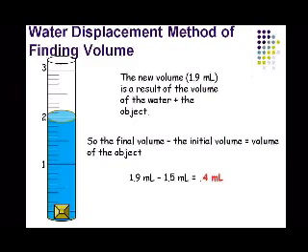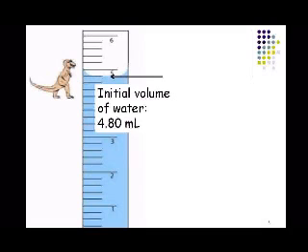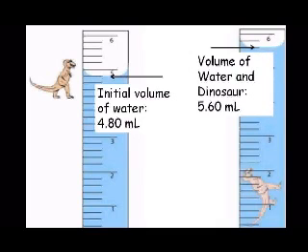Let's look at another example. If we want to measure the volume of a toy dinosaur, we can't measure the length and the width and the height, so we'd need to use Archimedes' principle. We take an initial reading of the volume of water, and we see it to be about 4.80 milliliters. We place the dinosaur into the water, and the water level rises to 5.60 milliliters.